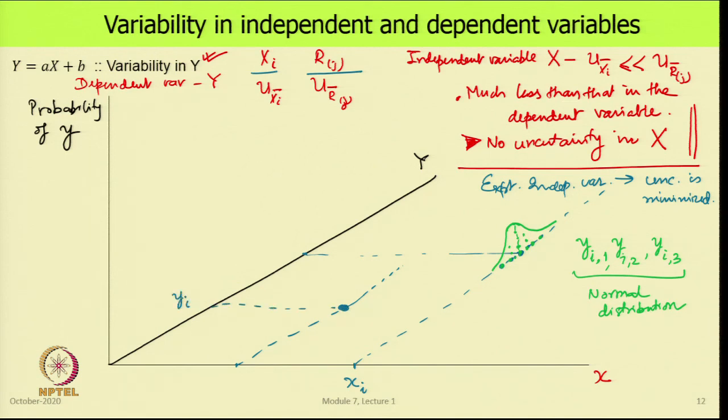So, this is the mean value of yi here, this is say yi plus 1 or whatever, and then the same thing would happen: the values of y would be varying and would take the shape of a normal distribution over there. So, in some cases the y value would be here, in some cases the y value will be there, and there is a probability distribution because of which this function is coming like this.